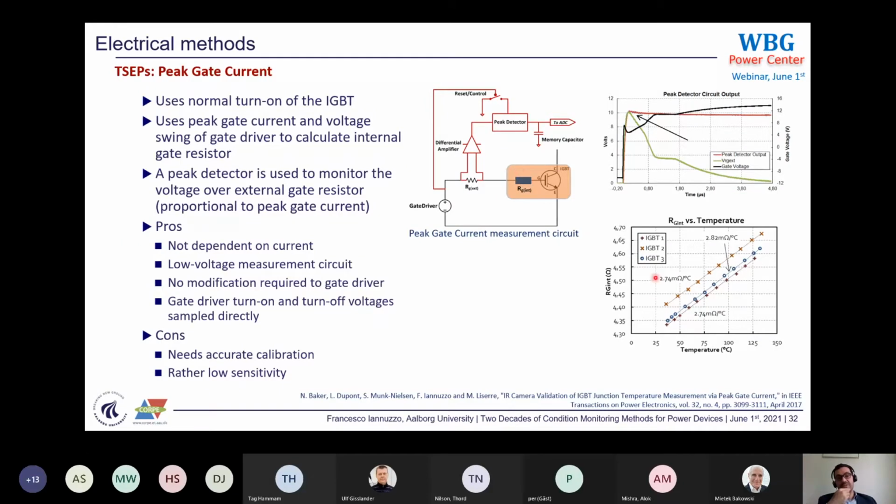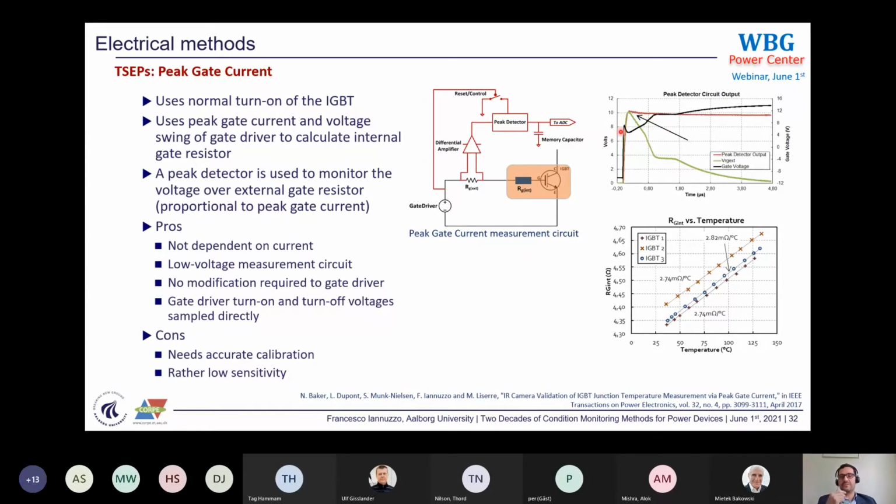And this one depends on temperature. So this internal resistance depends on temperature. So basically what you can do is to infer what the temperature was because of the change in resistance value. You can see here a nice screenshot of what happens during transient.